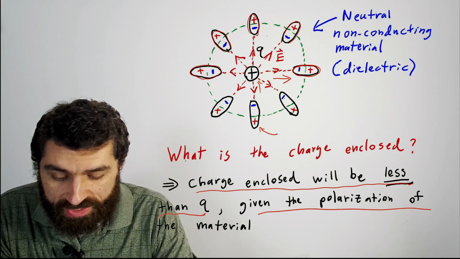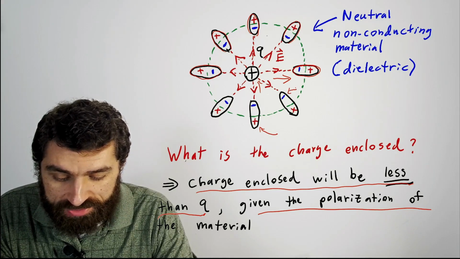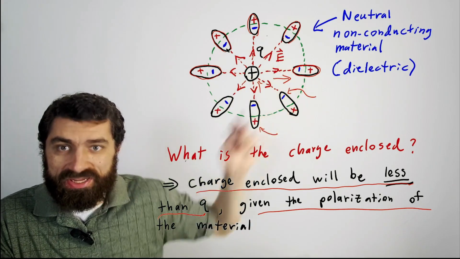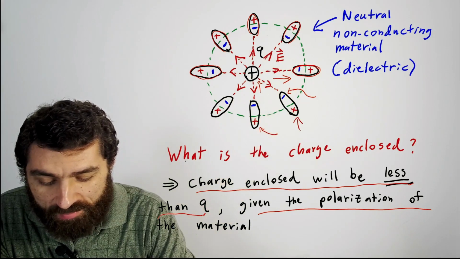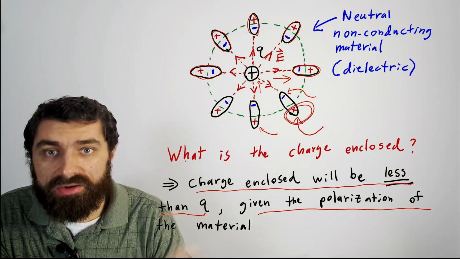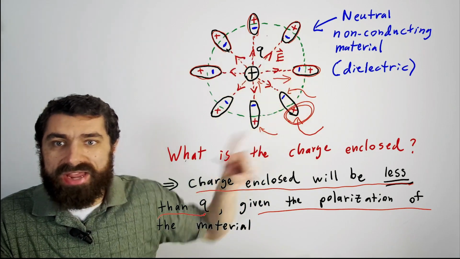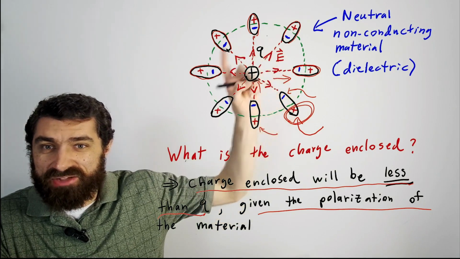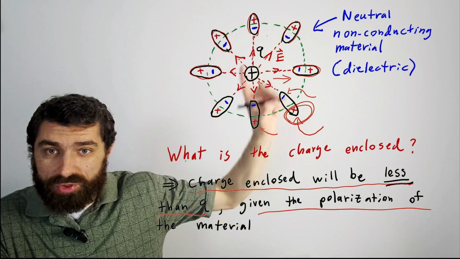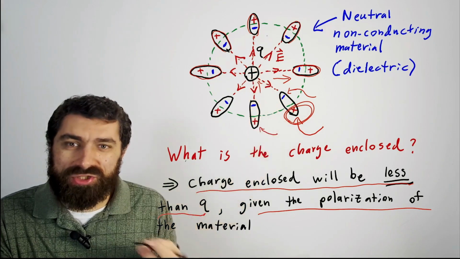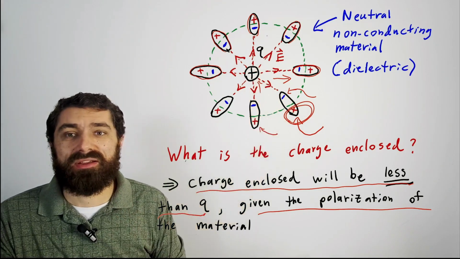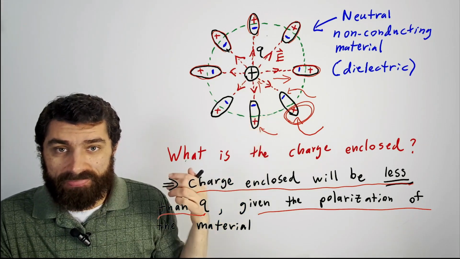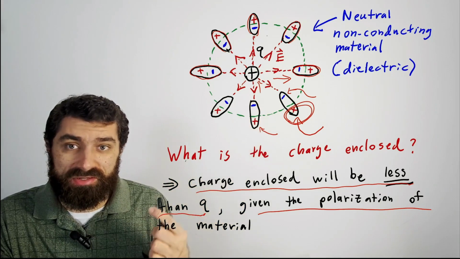So you'll notice that there are negative charges contained inside the Gaussian surface, but positive charges right here on the outside. Because these negative charges are just inside of the Gaussian surface, they subtract from the total charge Q. So the charge enclosed will actually be less than Q if you embed this in a non-conducting, or dielectric, material.